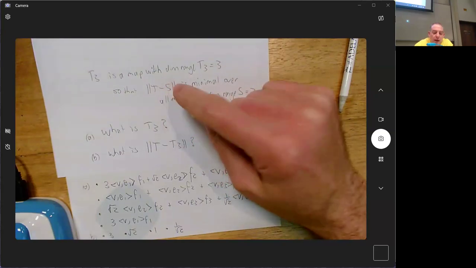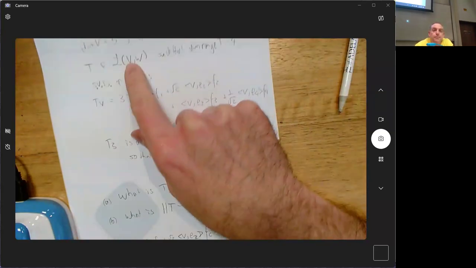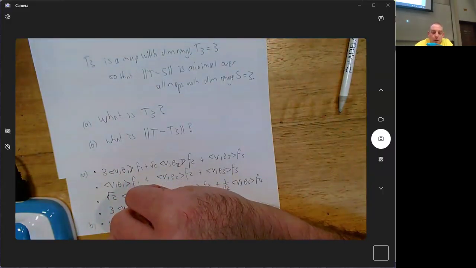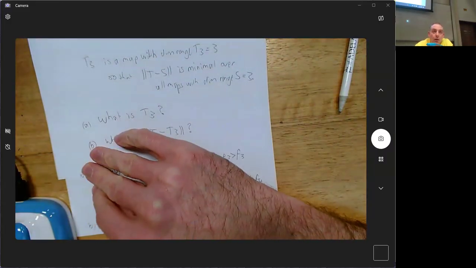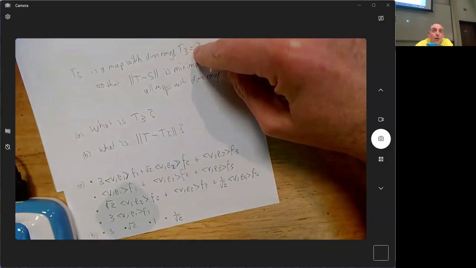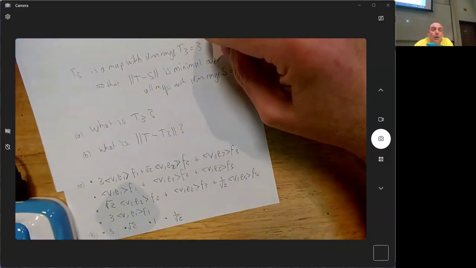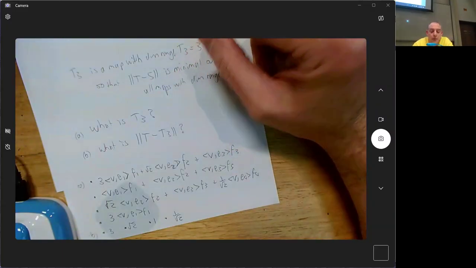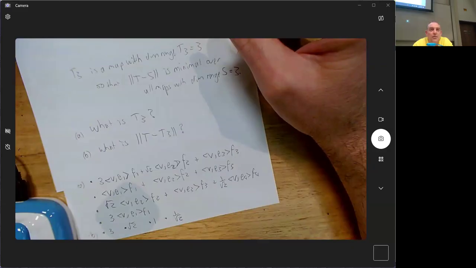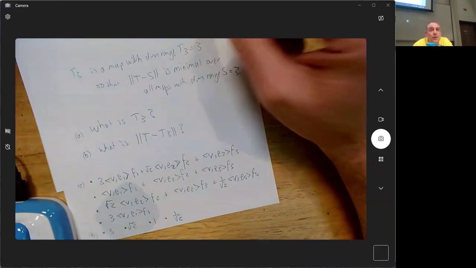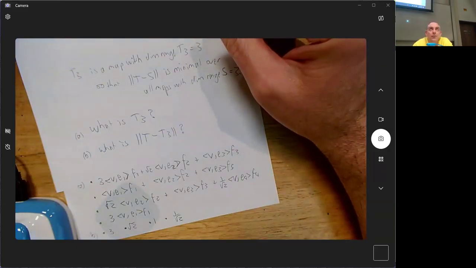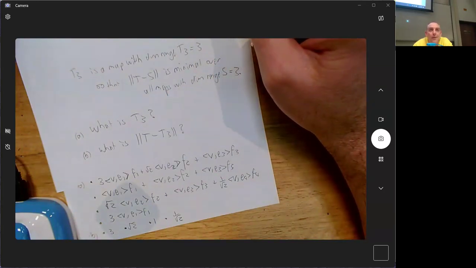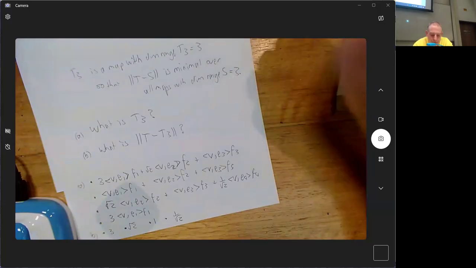So in order to subtract them, they have to both be in the same space of maps from V to W, right? Yeah. So T3 would have to have three singular values because the number of non-zero singular values is the same as the dimension of the range. Yep. Gotcha.